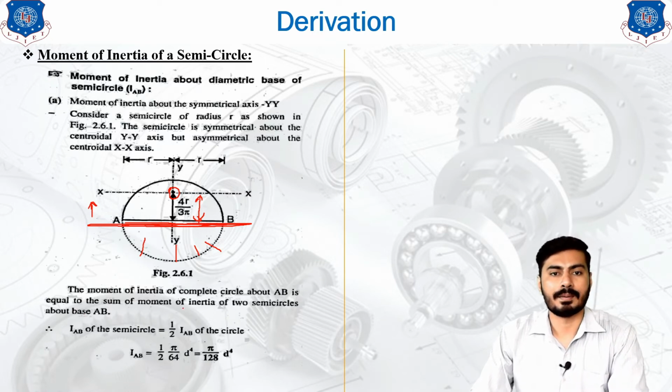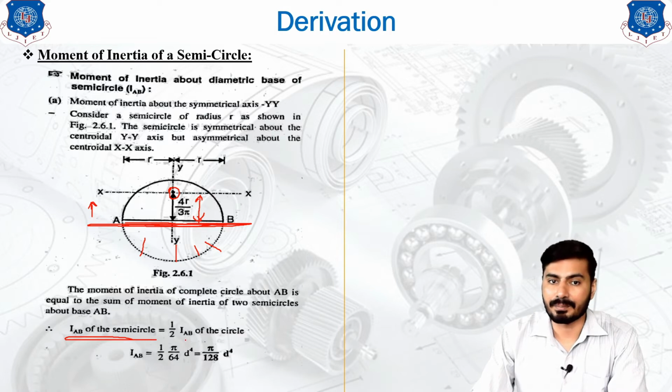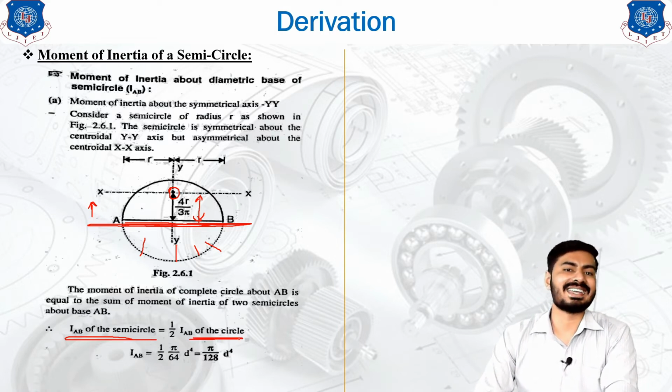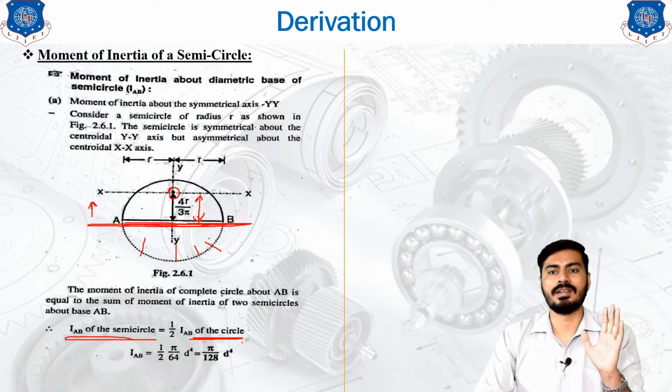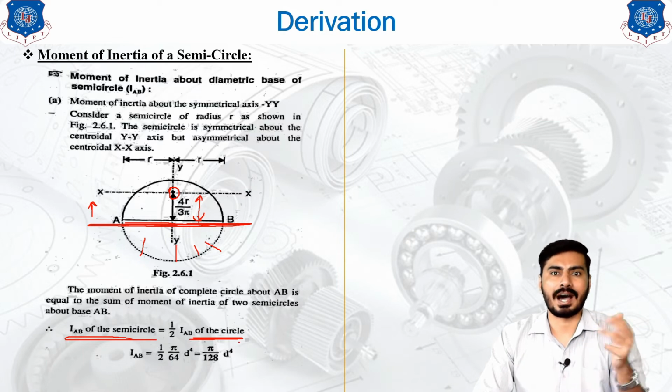As you can see, the procedure itself indicates that the moment of inertia about the AB axis of a semicircle is nothing but 1 by 2 of the moment of inertia of the circle, because the area is reduced to the half part.